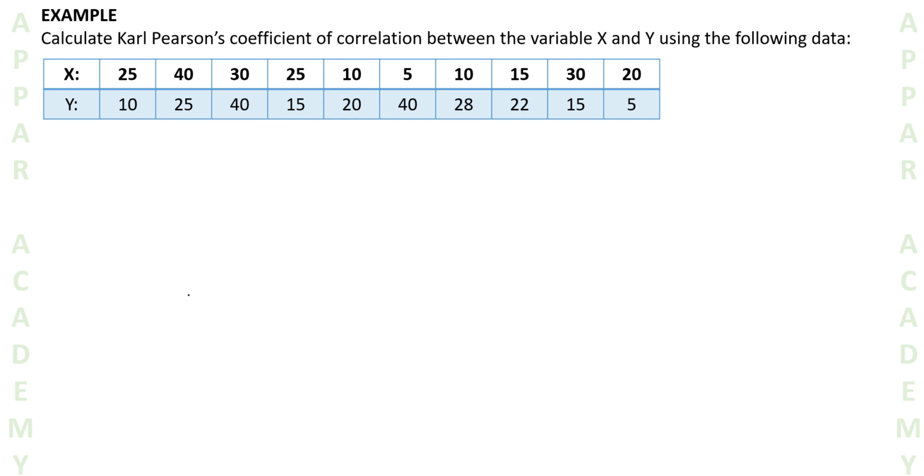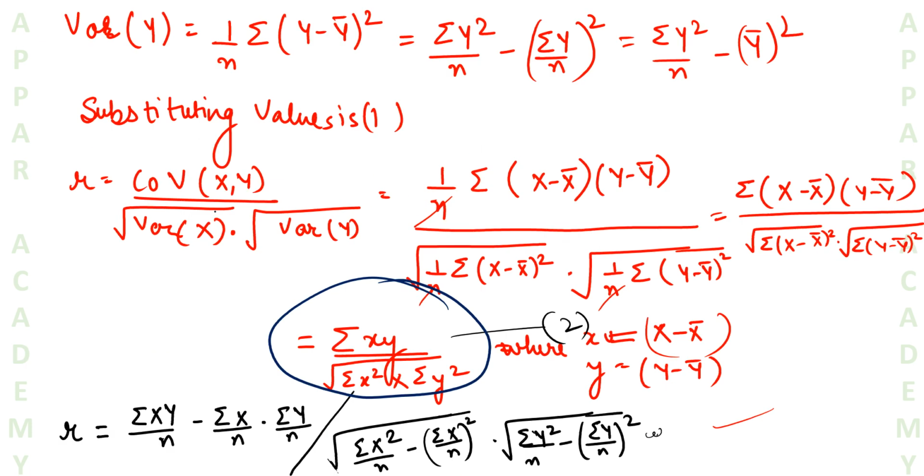So example: calculate Karl Pearson's coefficient of correlation between the variables x and y using the following data. Now we have been given data and we need to find the coefficient of correlation. In this, we'll be doing it using two formulas. One, I'll use formula number 2, right? What was that formula?